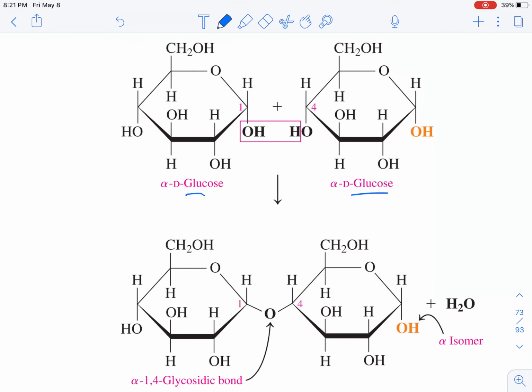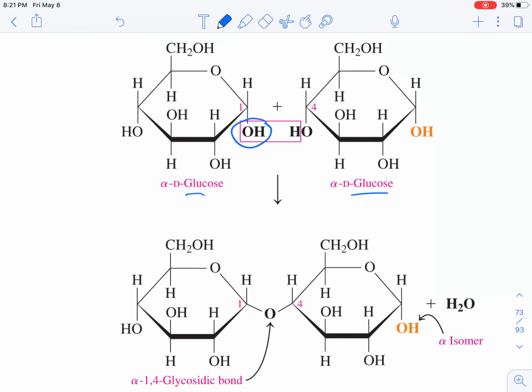Once again, since this hydroxyl group is originating from carbon number 1, and this hydrogen is originating from carbon number 4, then we would describe this glycosidic bond that they form after a dehydration reaction has occurred as alpha 1,4 glycosidic bond. And so 1 and 4, hopefully you understand where those numbers came from.